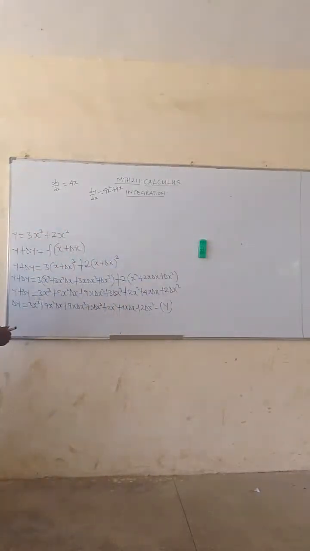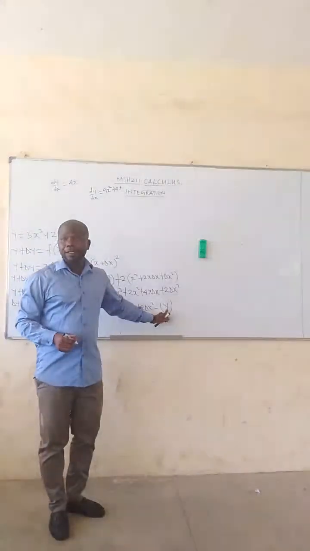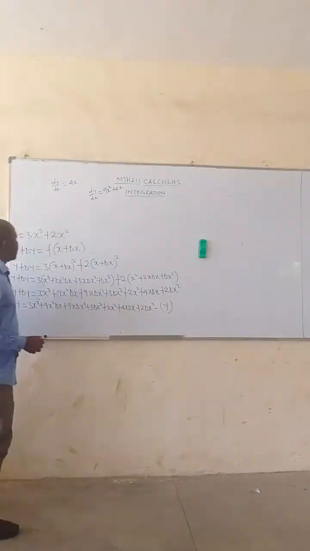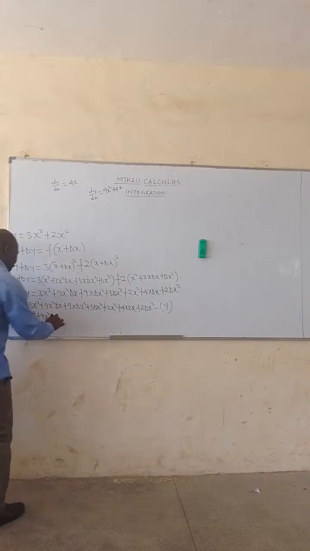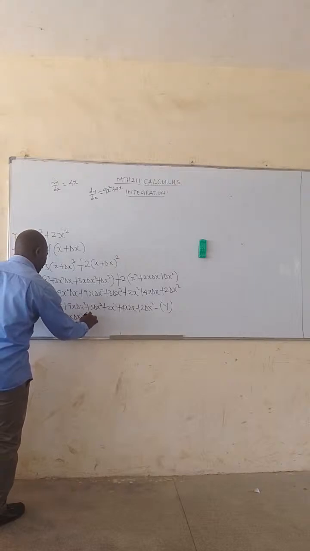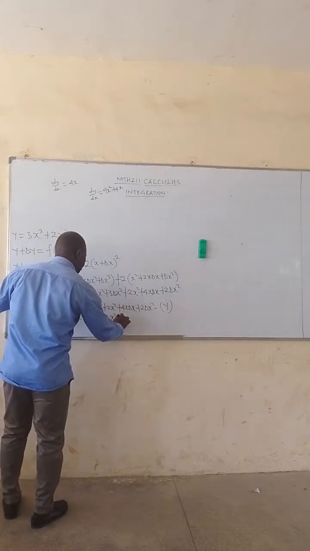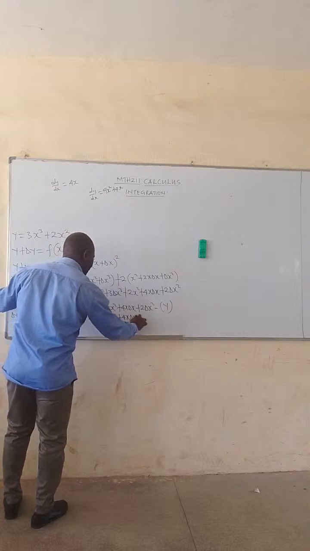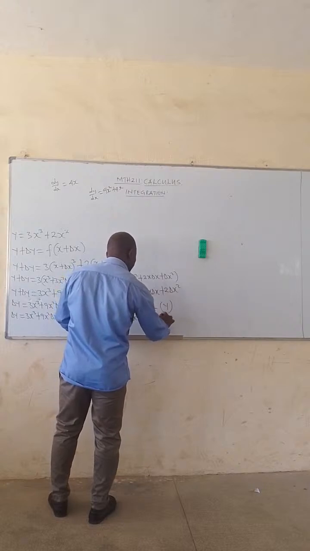I told you to put y in the bracket, so you can see the function. Now our dy is equal to 3x cubed plus 9x squared dx plus 9x dx squared plus 3 dx cubed plus 2x squared plus 4x dx plus 2 dx squared minus, what is your y?